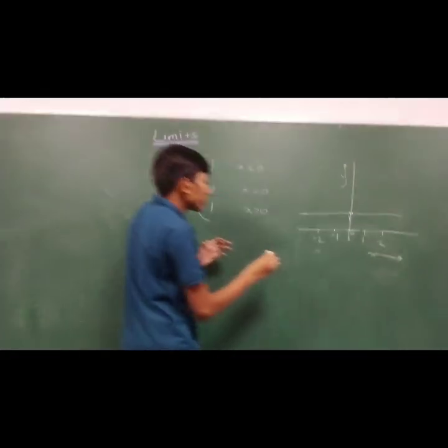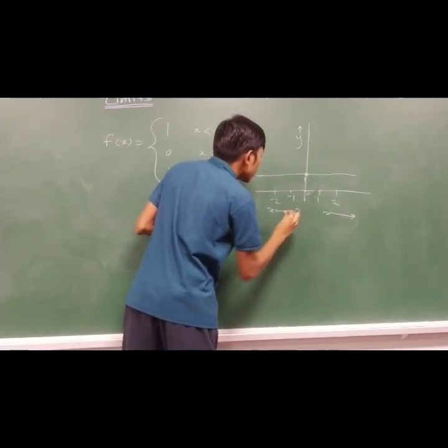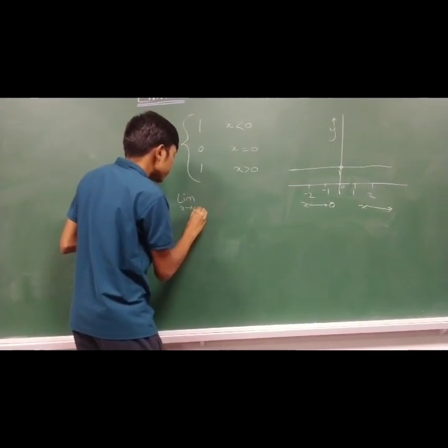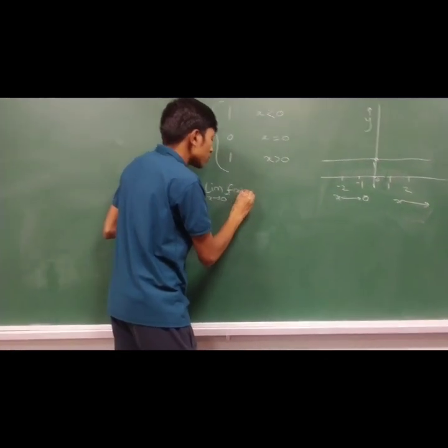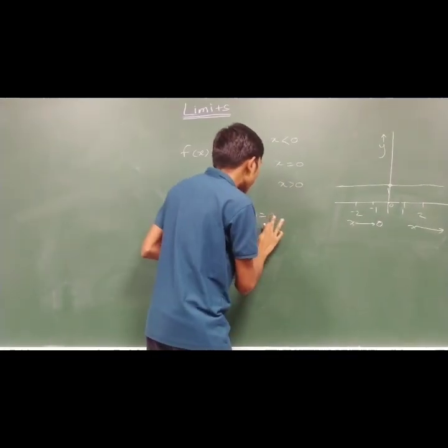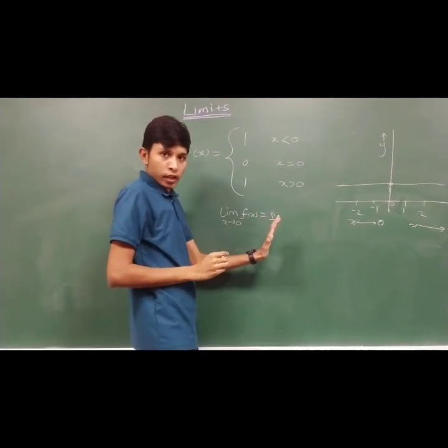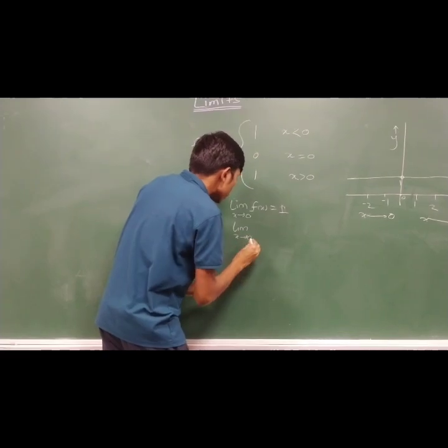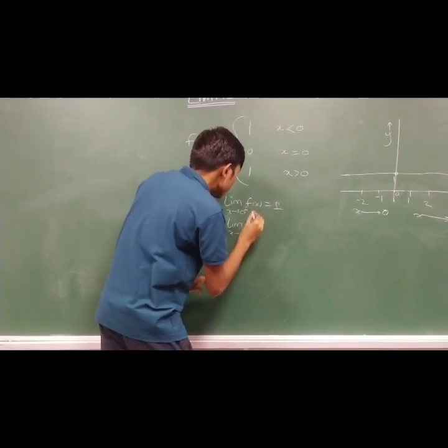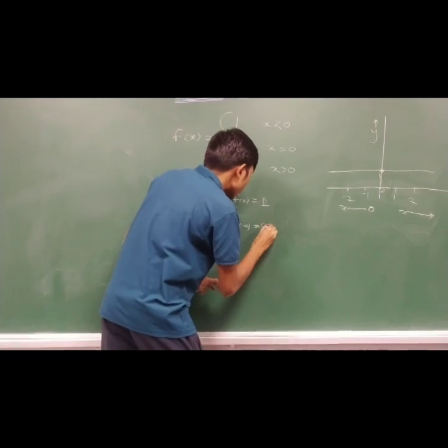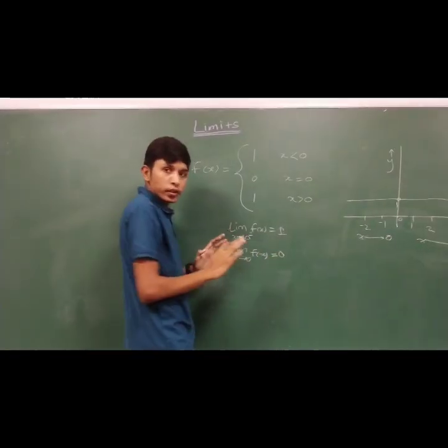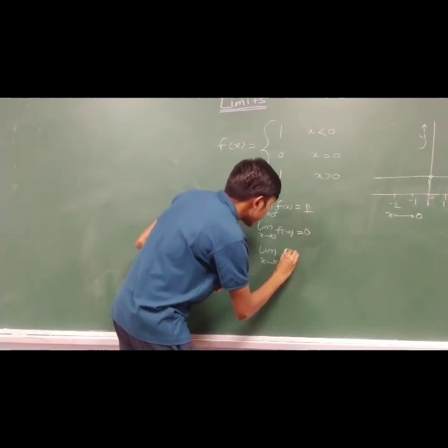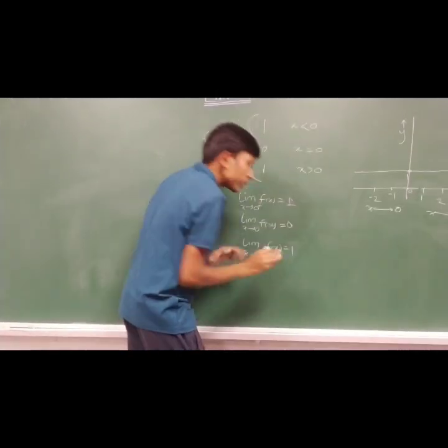So here, when x is approaching 0, our left hand limit is 1, and when x tends to 0 from the right side, that means the limit of the function at 0 is 0, and the limit of the function from the right hand side, that is the right hand limit, is 1.